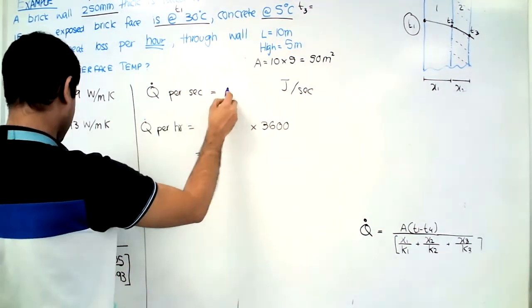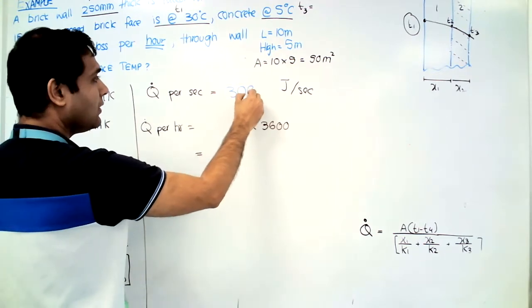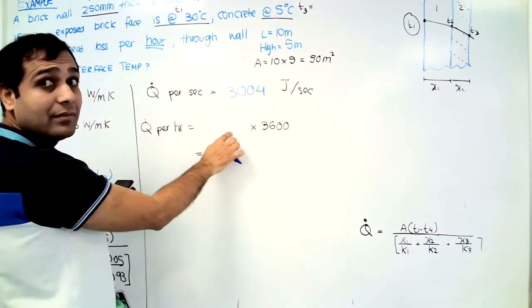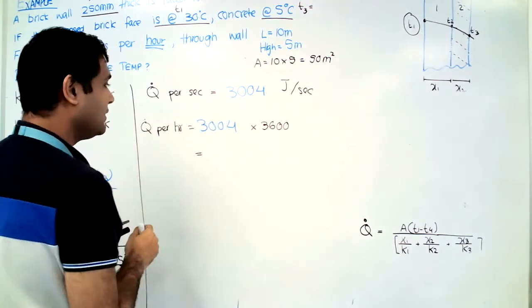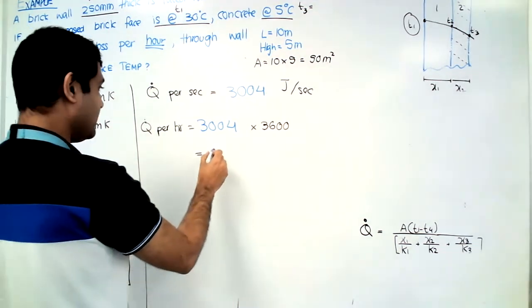Let's say 3,004 times that. Yeah, 10.8 times 10 to the 6.